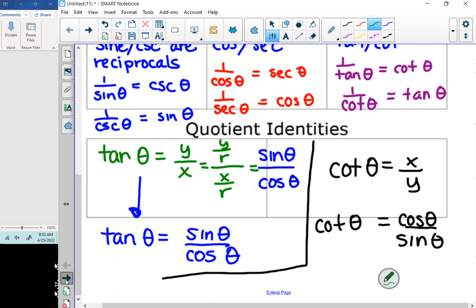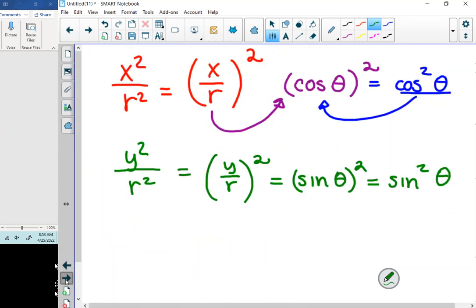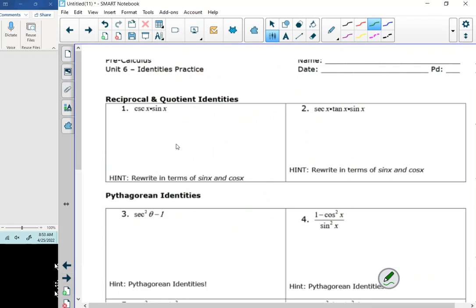Because what we're going to do is we're going to take expressions. If we flip over to the next page, we're going to take expressions and we are going to rewrite them in a different way that's legal.